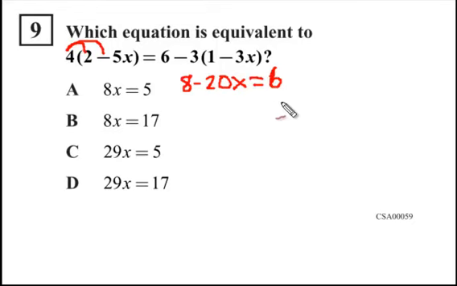Now, according to the order of operations, you're going to multiply negative 3 by what's inside the parentheses using the distributive property. Negative 3 times 1 is negative 3. Negative 3 times negative 3x is positive 9x.